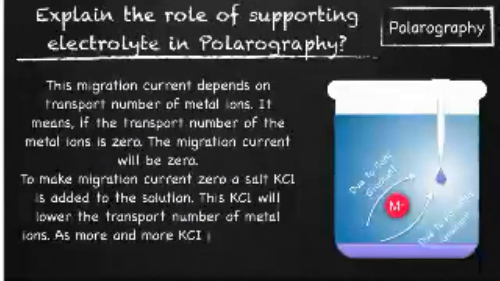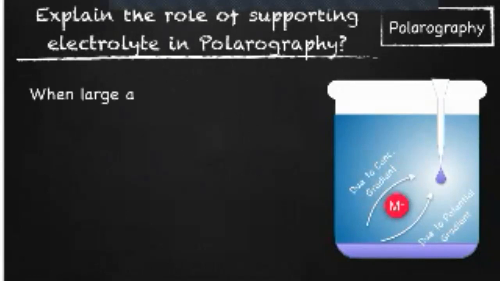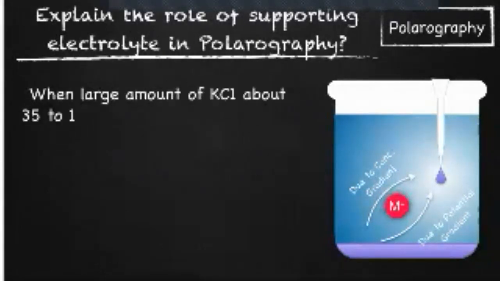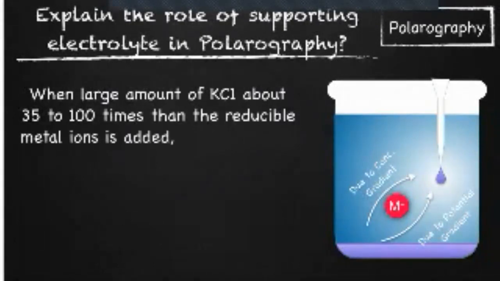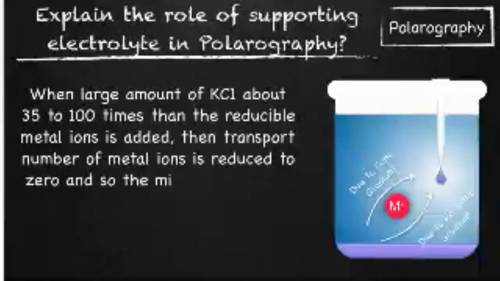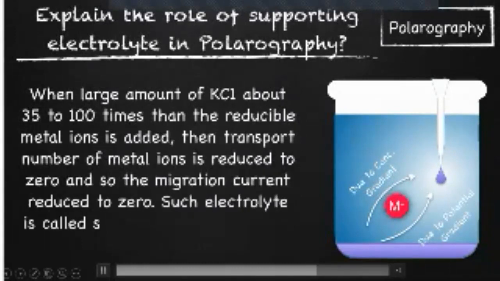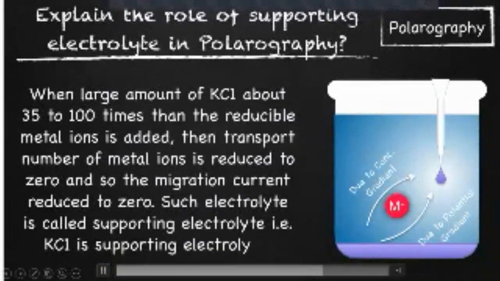As more and more KCl is added, the migration current is further decreased. When a large amount of KCl, about 35 to 100 times the reducible metal ion, is added, the transport number of metal ions is reduced to 0, and so the migration current is reduced to 0. Such an electrolyte is called a supporting electrolyte. That is, KCl is the supporting electrolyte.